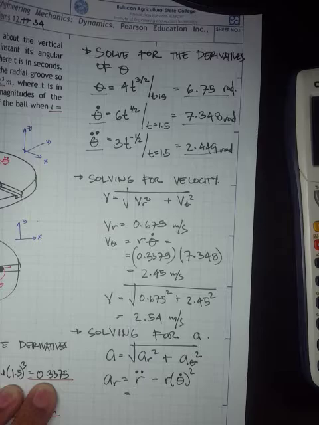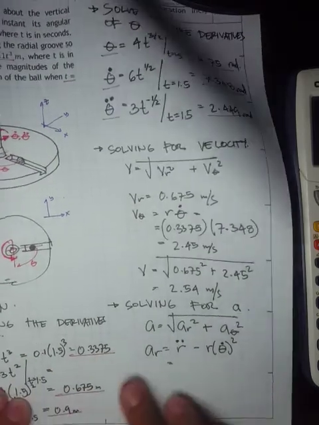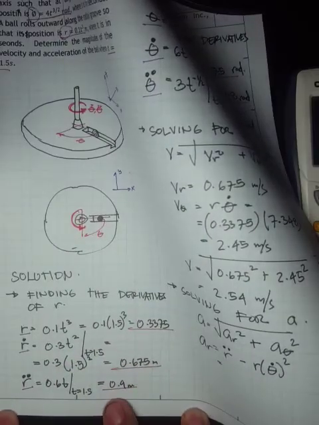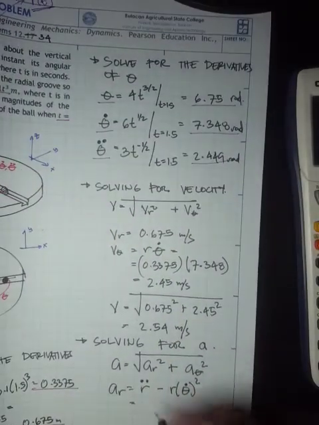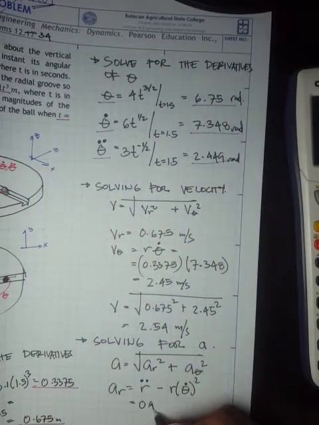Now what is r double dot? This is our r double dot, 0.9.